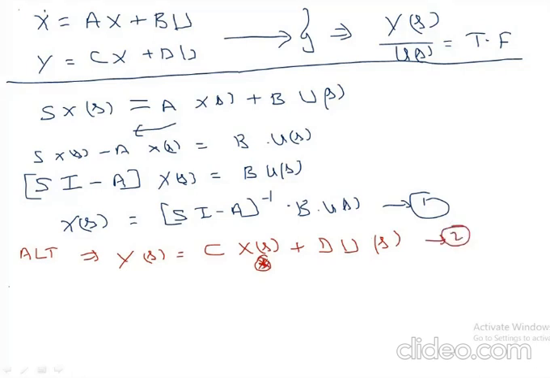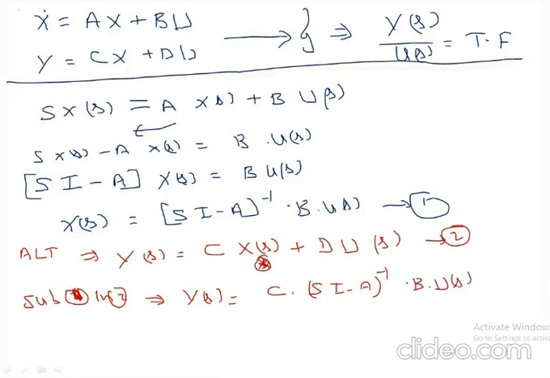So simply you substitute equation 1 in 2. Then you will get Y of s is equal to C into, what is X of s? sI minus A whole inverse into B into U of s, plus D into U of s.